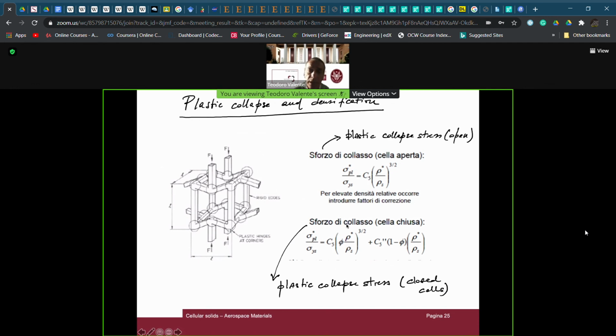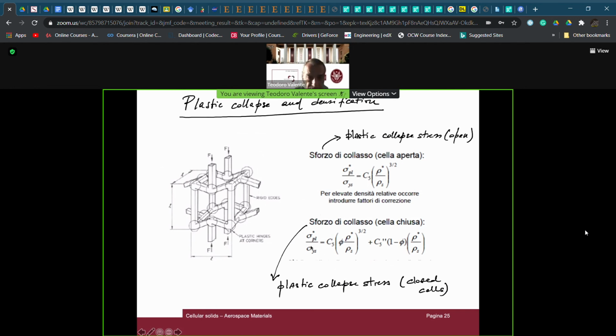Also in this case, we have to consider the resistance, which is the response offered by the mass, not only allocated on the edges, on the beams, but also on the faces of the single cells.